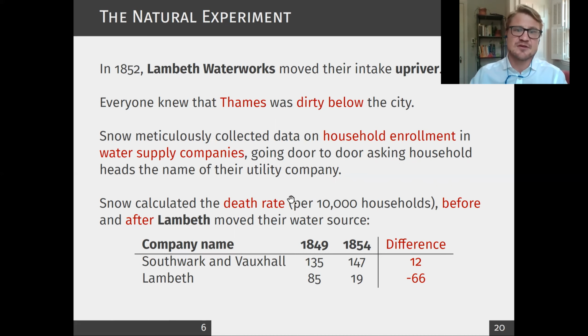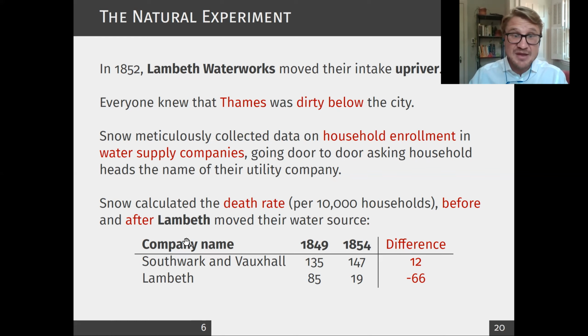And as you can see here, in Southwark, which would be our control group in many ways, there was a slight increase in mortality rates, a 12 increase per 10,000 households, but there was a substantial reduction in Lambeth of -66.